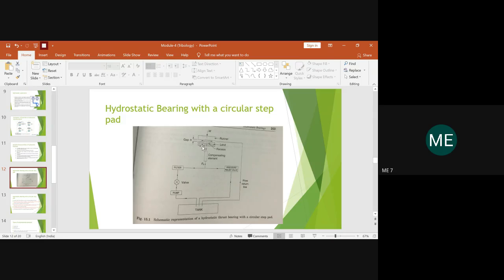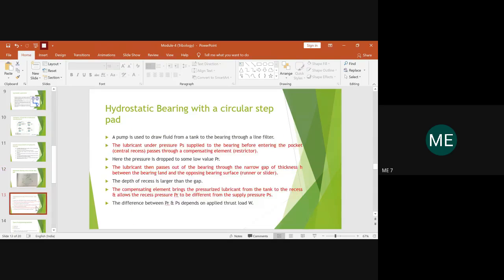Sometimes, in calculation, if they ask you the depth of the recess and the calculated value is lesser than the film thickness, again it is a wrong calculation. So this is just a check for verification, which will be helpful in solving the problem. The depth of the recess is always larger than the gap of the oil film.